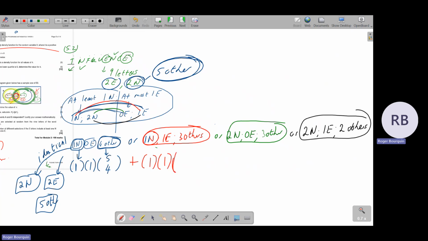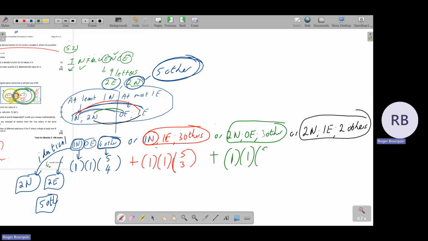So your choice really is from the 5 others, you've got to choose 3. Then over here, if you go into the N part and you're choosing 2 N's, you're always going to get the same thing. So the number of ways of choosing 2 N's is 1. No E's is 1.